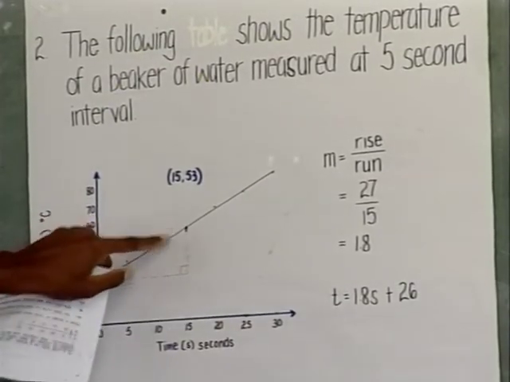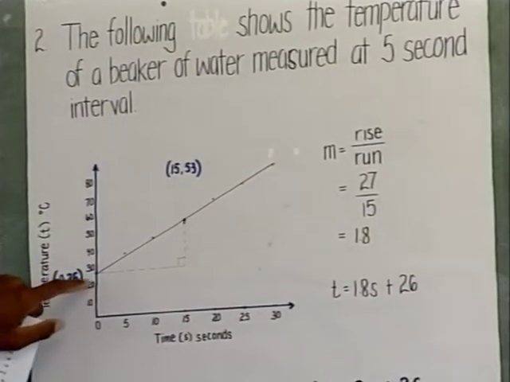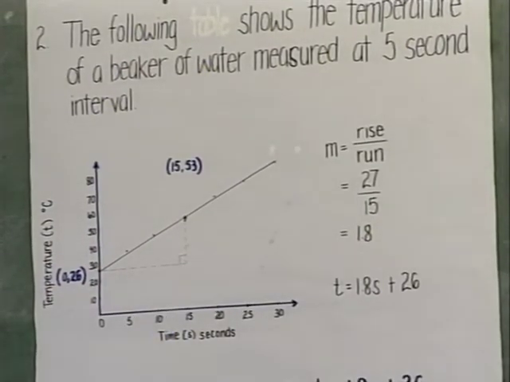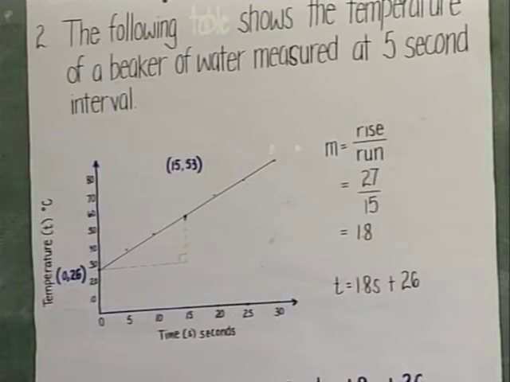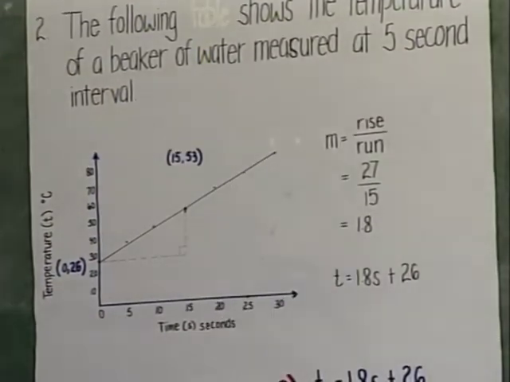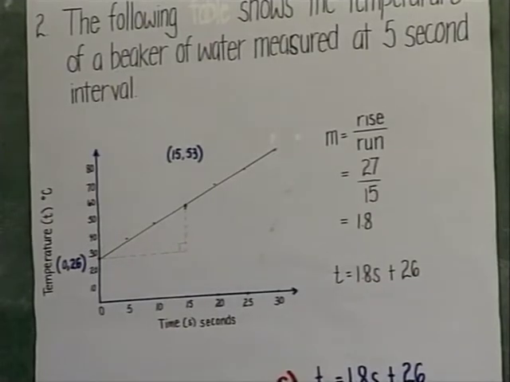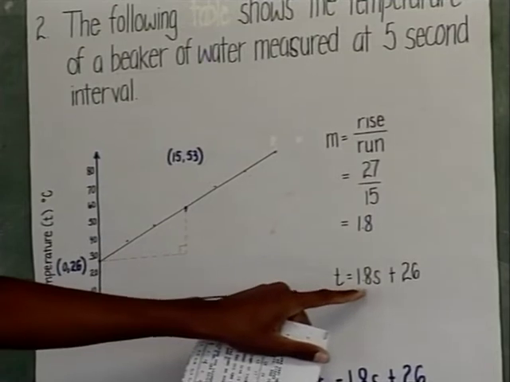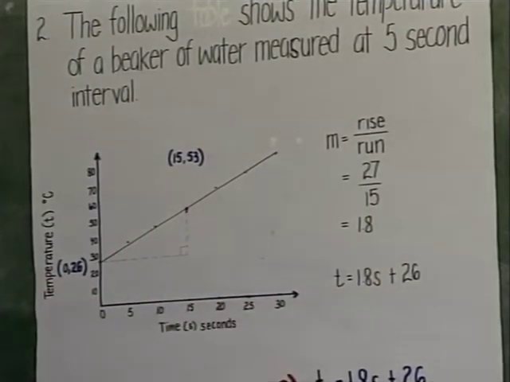We used 53, we subtracted 26, and we got 27, which is the rise. We divided it by the run, which is 15, and we got 1.8, which is the gradient. So the equation is T is equal to 1.8 S plus 26.